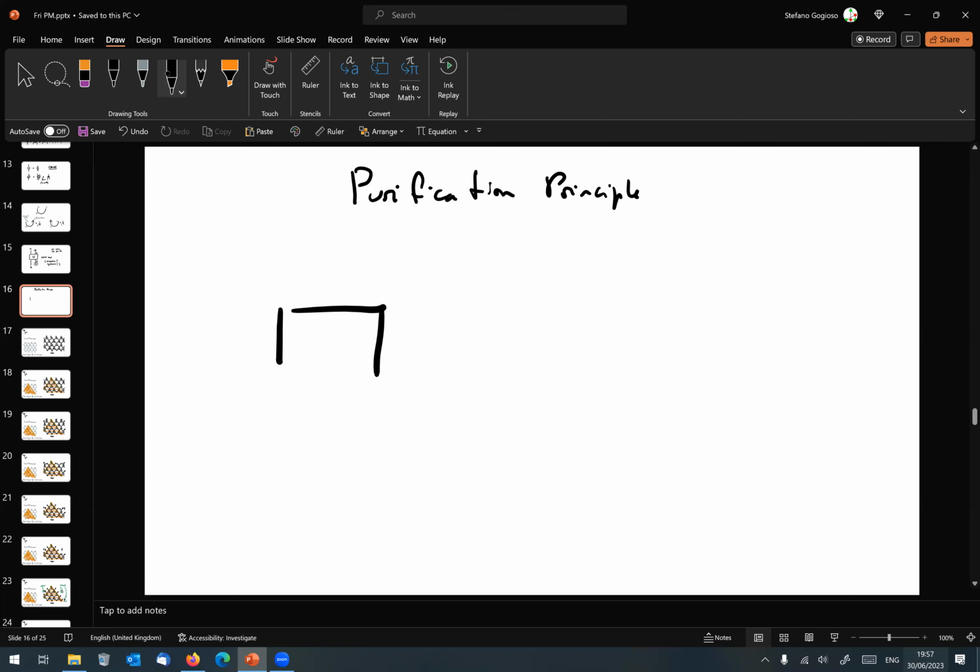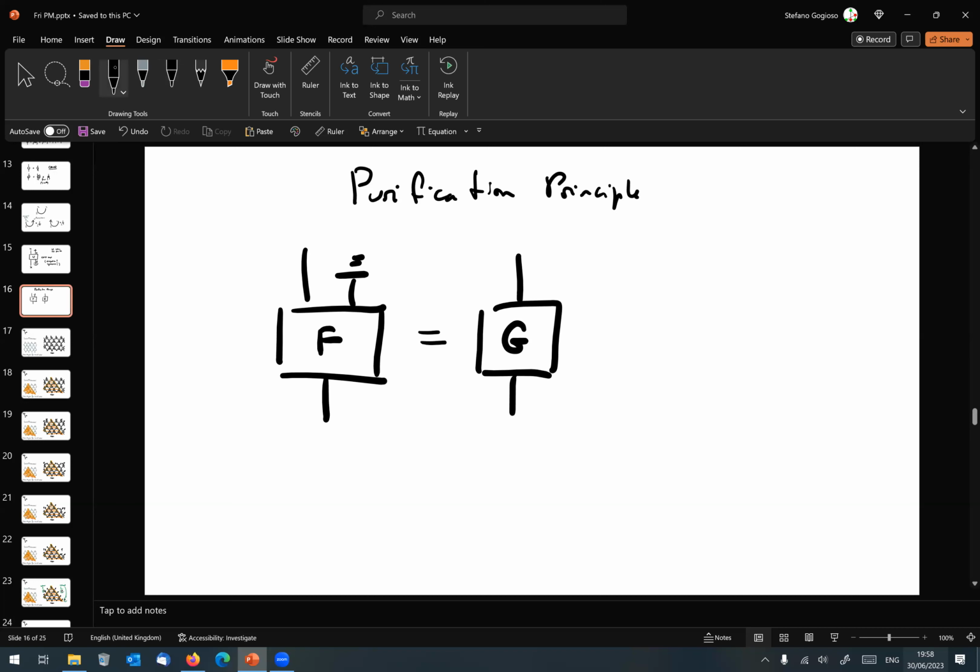And it states that if I have a map that's pure and another map that's pure, and I have an equation like this. So if I have effectively a map that's obtained by discarding some environment, so it goes from A to B, and there's some environment that's discarded, and on the other side I only have A and B, and the thing on the left is pure, so it's doubled.